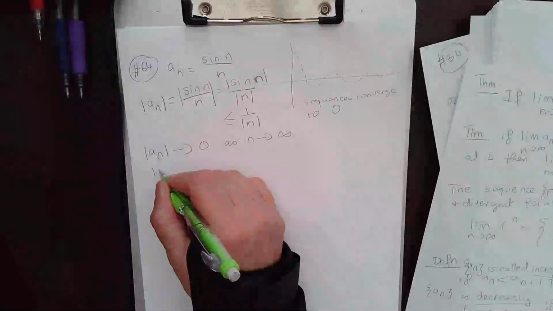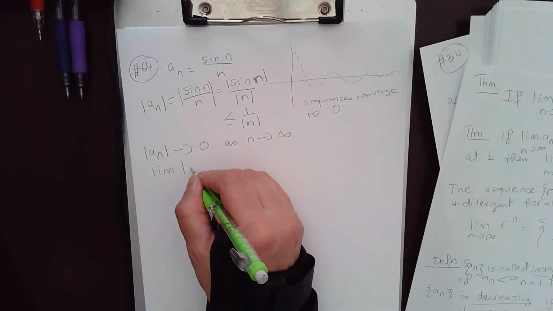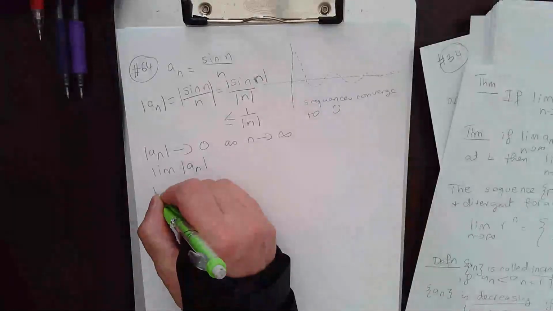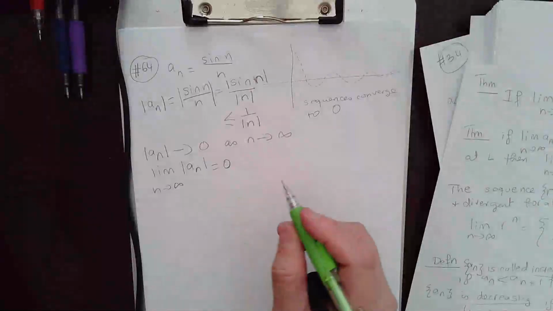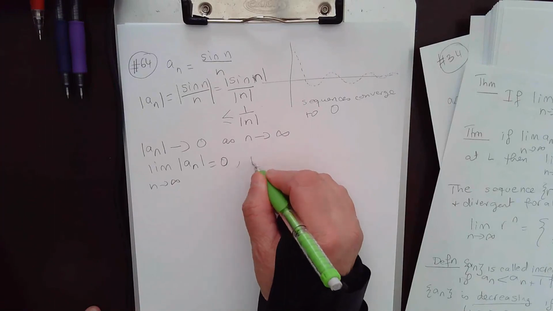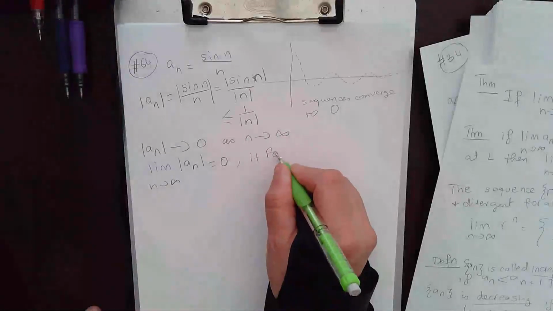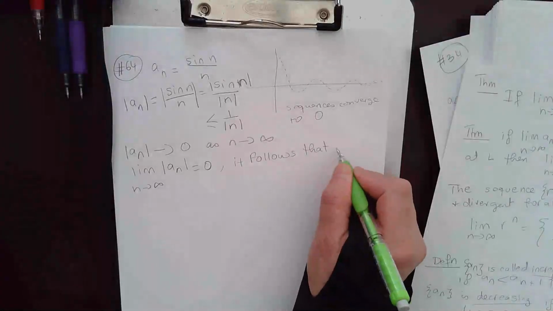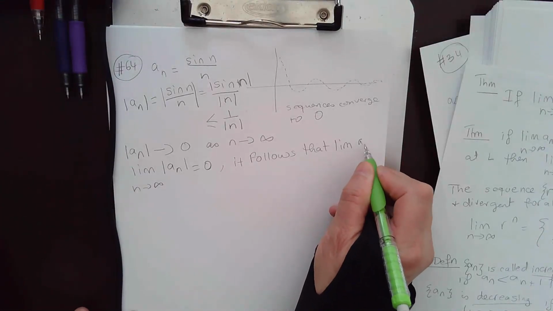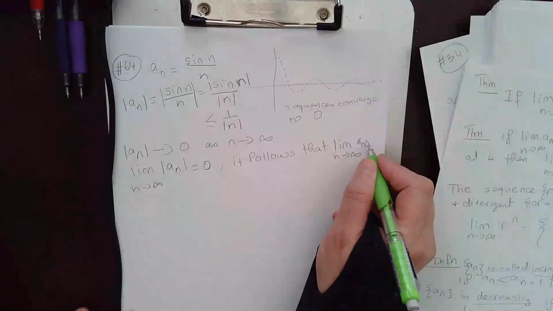You have the limit of the absolute value of a_n as n approaches infinity is equal to 0. And by the theorem, it follows that what? That the limit of a_n as n approaches infinity is equal to 0.